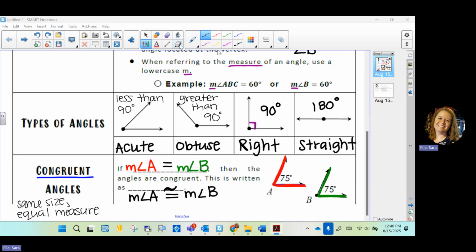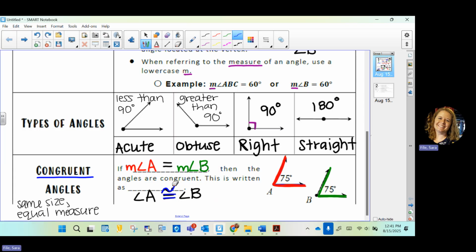So I'm going to erase the M. Oh, that's supposed to erase. Hello, eraser. Try that again. So I'm just going to say angle A is congruent to angle B. So if the measures are the same, if the measures are equal, then the angles are congruent.